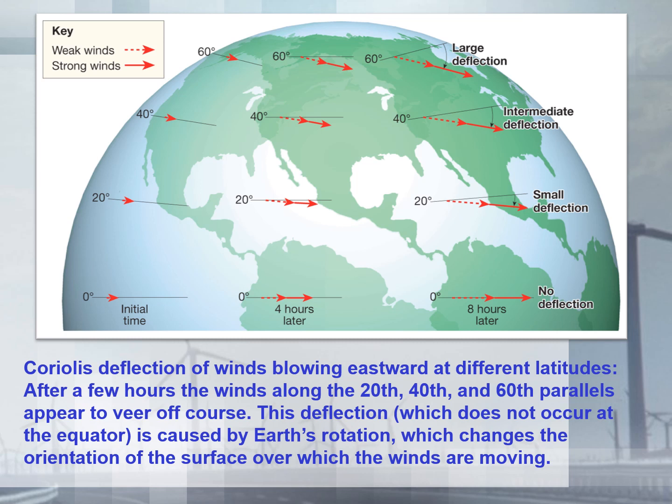So the Coriolis effect is stronger the further away from the equator you get. So strongest at and near the poles. And it's very weak at the equator. So it's not equal everywhere.